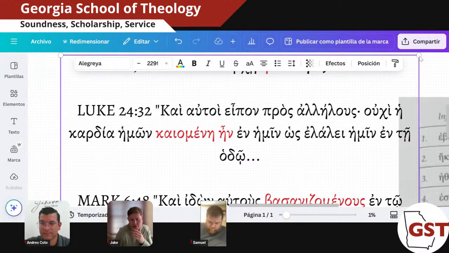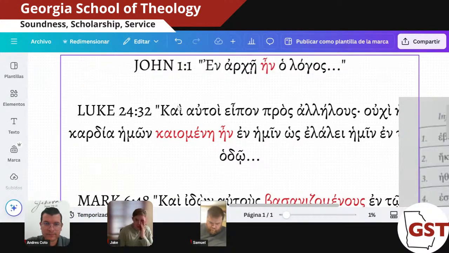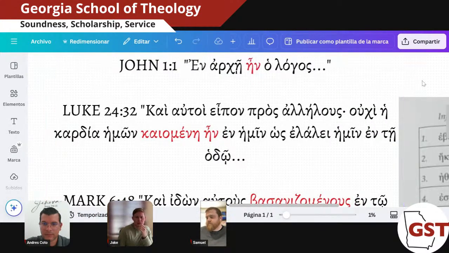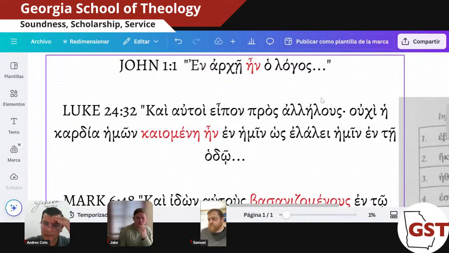So, the double lambda: is it just the L sound generally, or a drawn-out L? I think it doesn't work like the double gamma. With a double gamma, one of them becomes like a nu, right? Like in "angelos." In this case, it would be "allelus."